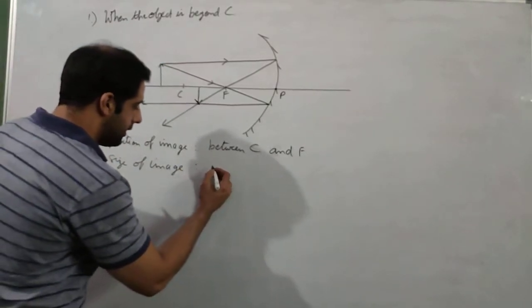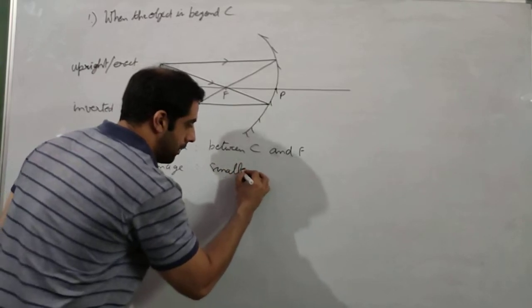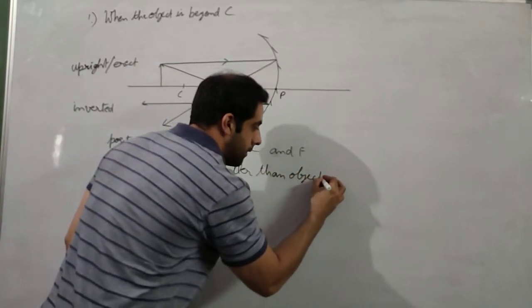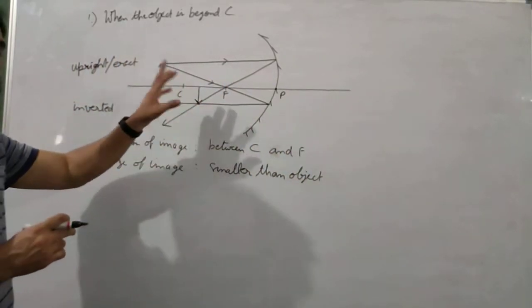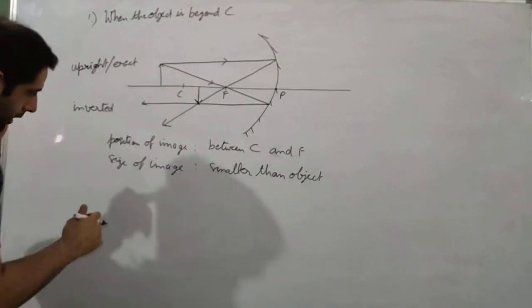So you can write here, what is the size of image? Smaller than object. If you draw it with scale, you will be able to judge that clearly. Here it might not be so clear.